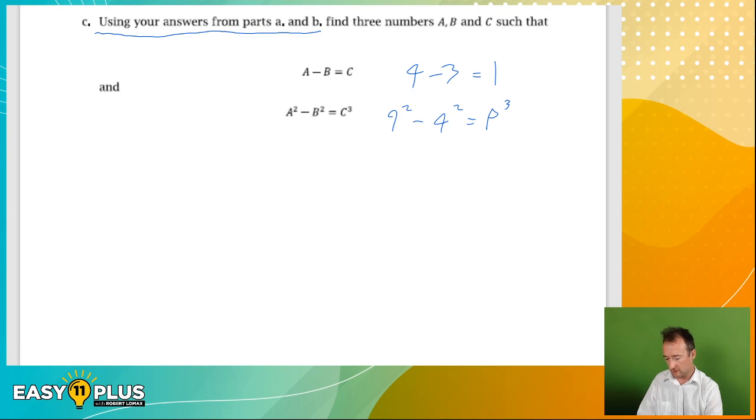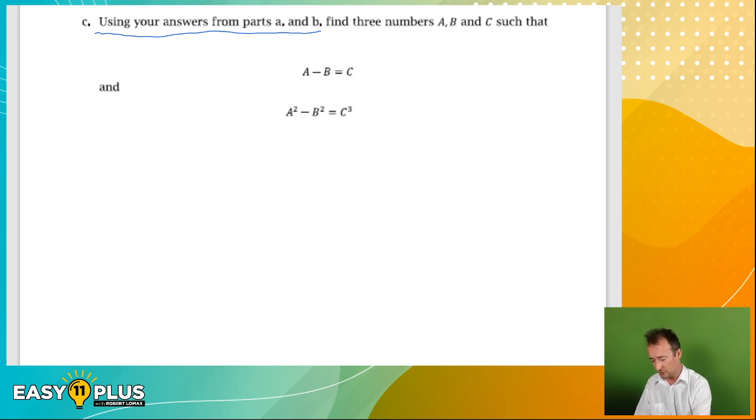Now, the trouble is 9 squared minus 4 squared is 81 minus 16, which gives us 65, and 65 is not a cube number. So, just by plugging random numbers into this, you're really going to be very lucky if you find the answer. I'm going to rub these out because these are not the answer, they're just random numbers, and I wouldn't want them to be sitting there if someone was marking this thinking that I thought that was actually part of the answer.